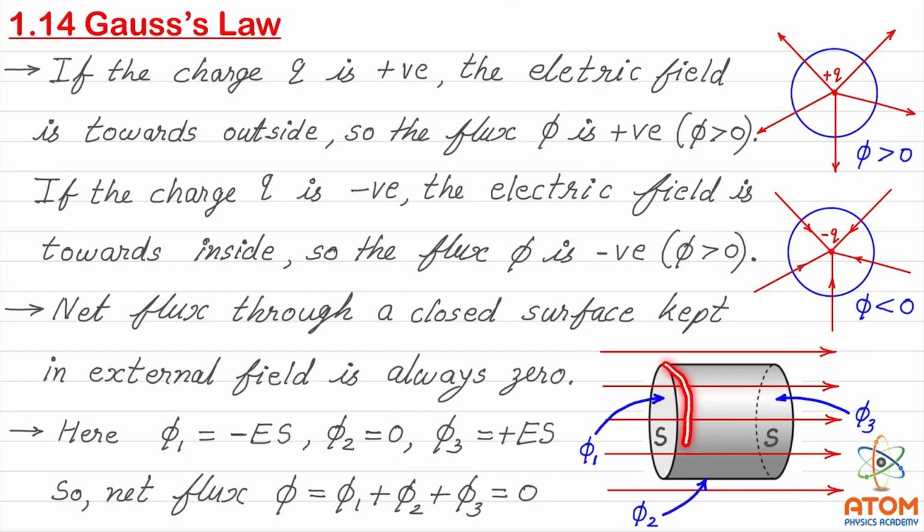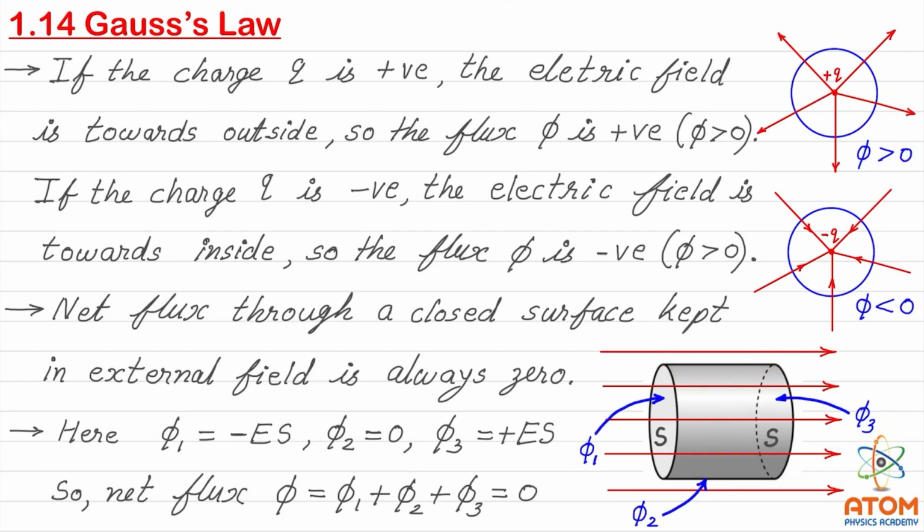Now the cylindrical surface, here this is the cylindrical surface. For that, if the flux is phi 2, then phi 2 will be just 0. Reason? From this cylindrical surface, no electric field lines are passing. When the electric field line is not passing, then obviously the flux will be 0.